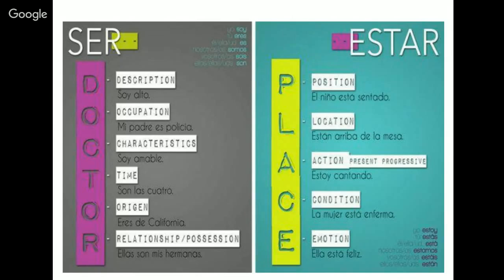In general, we use the verb estar plus a verb that ends in ando or endo. Then we have condition. La mujer está enferma. The woman is ill. O la mujer está feliz, which can be a condition or an emotion. Ella está feliz. She is happy.